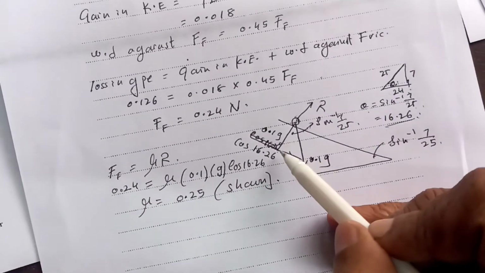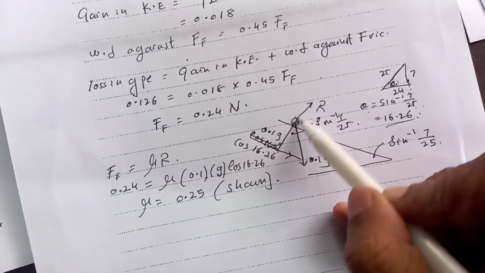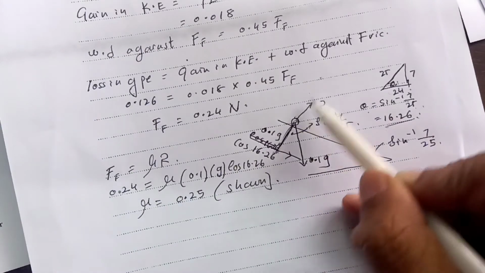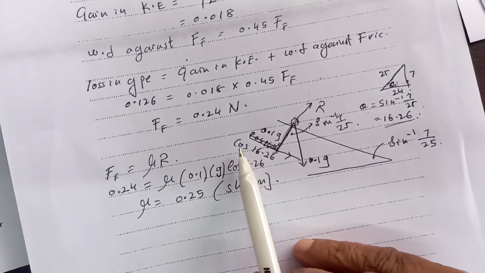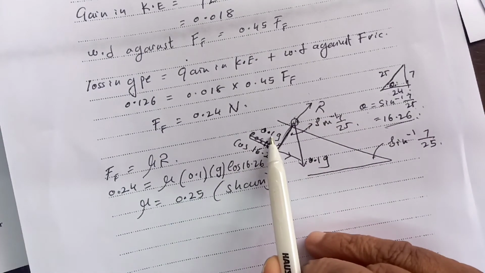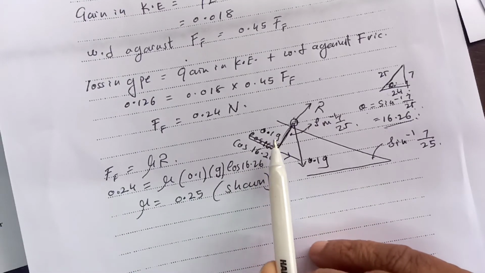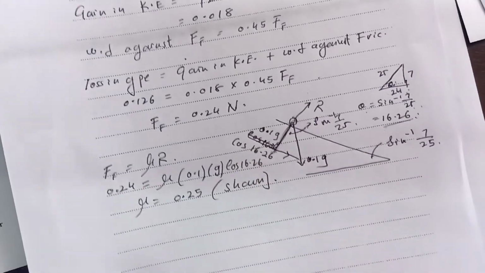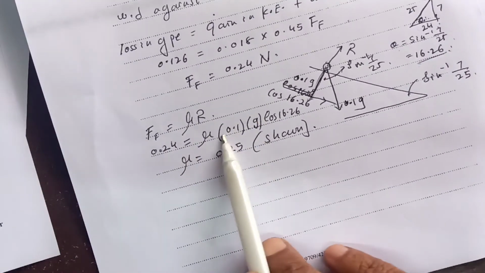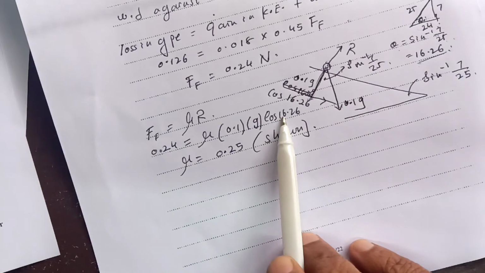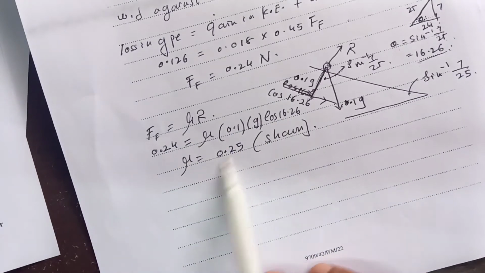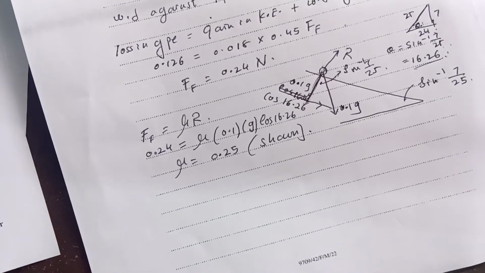So you will get the component here: R is mg cos theta, and mg is 0.1 g times cos 16.26. So you replace all this, and mu here, then you will get mu equal to 0.25.